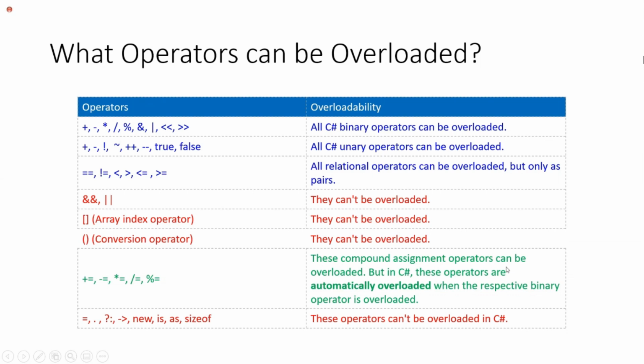They can be overloaded, but in C#, these operators are automatically overloaded when the respective binary operators are overloaded. If you overload the addition, then the addition and equal compound assignment will be automatically overloaded. So what about this assignment operator, dot operator, and what is this one?